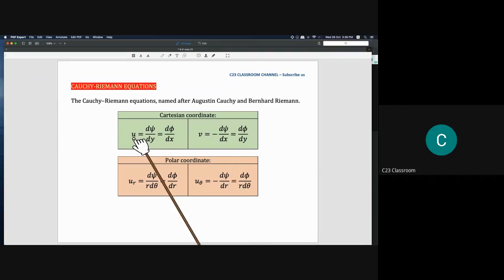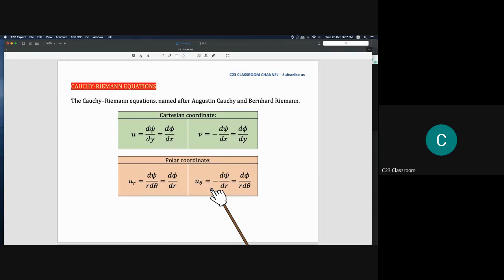And then we have another u to describe the idea of phi for both Cartesian and polar coordinates. This idea was proposed by Augustin Cauchy and Bernhard Riemann. That's why we call this compilation of equations the Cauchy-Riemann equation. It is about the combination of u equal d psi over dy equal d phi dx, and v equal minus d psi dx equal to d phi dy, and so on.